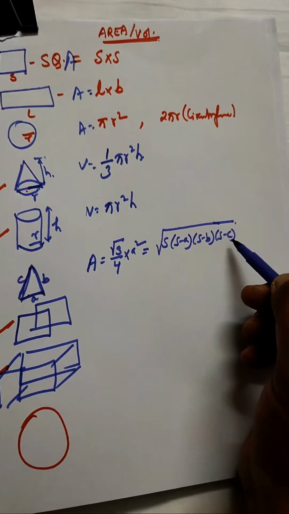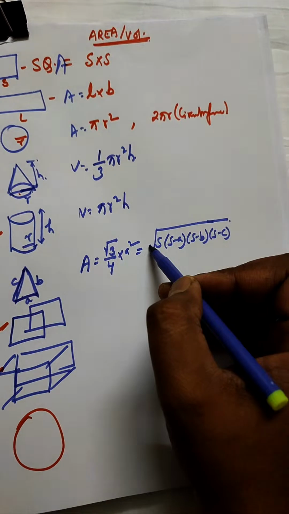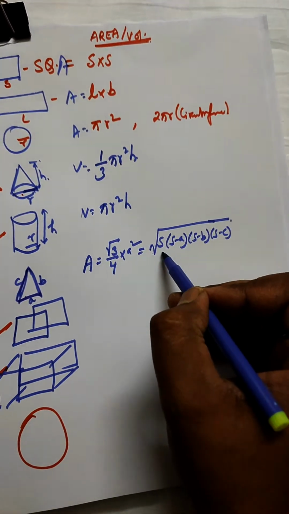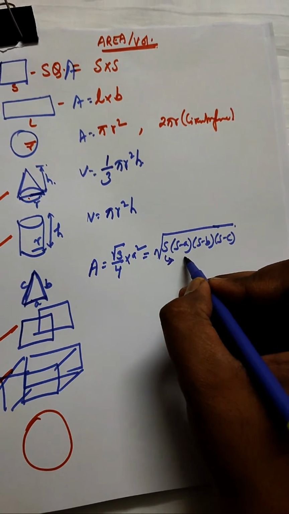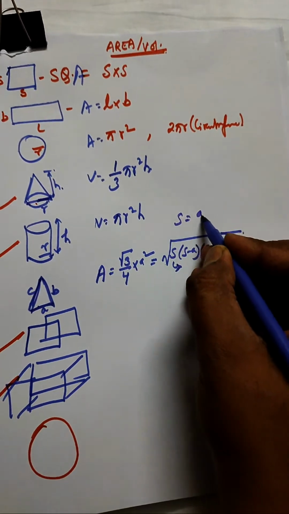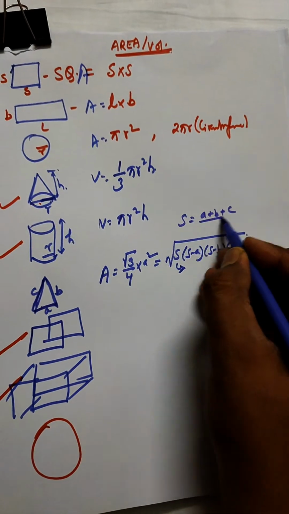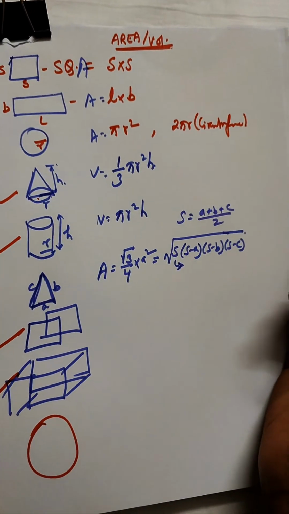If we have a scalene triangle, then this formula is applied, where s is the semi-perimeter, which can be calculated as a plus b plus c divided by 2, right?